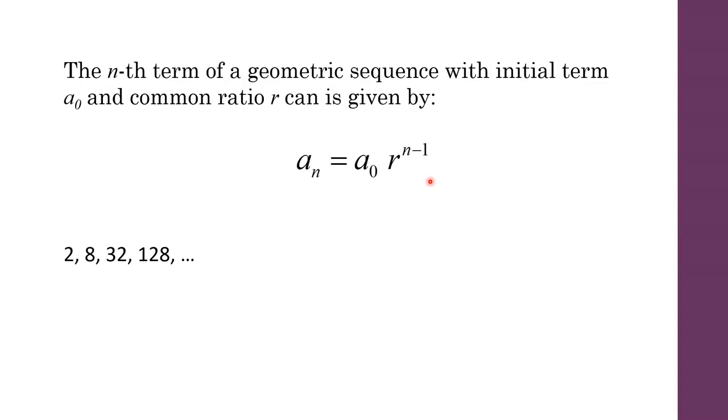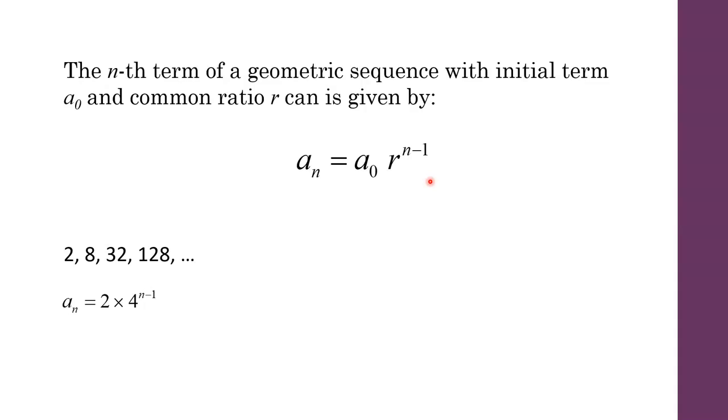So if we go back and look at the example we had started with, 2, 8, 32, 128, our first term is 2. The common ratio was 4. So we can write that formula as a sub n equals 2 times 4 to the n minus 1.